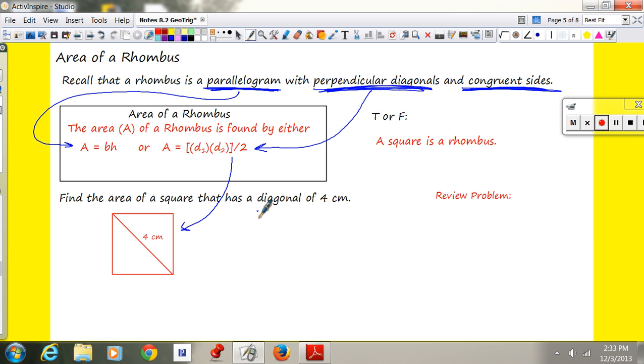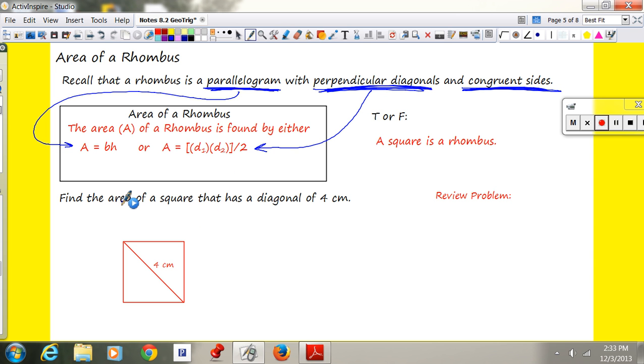If I take this formula and apply it to this problem, what do I know here? If one diagonal is a 4, then what's my other diagonal going to be? It has to be 4 if it's a square.